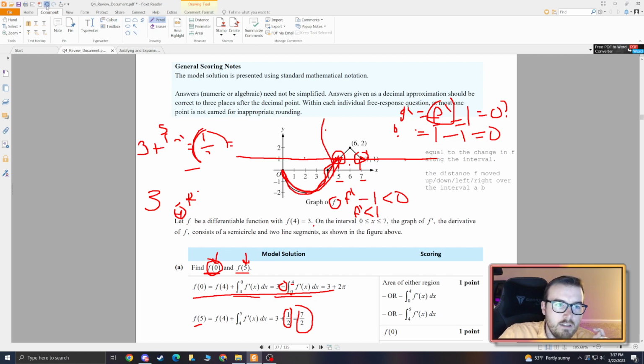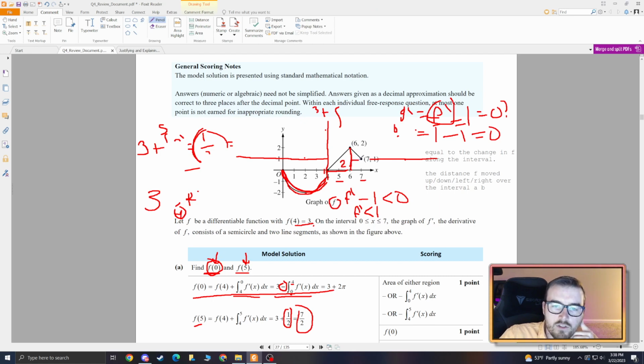We know that at x equals 4, f of 4 is equal to 3, and we simply need to add the integral from 4 to 7. Well, we're going to have to do some geometry here. Let me erase the integral from 4 to 7. So here's a triangle, and the area of that triangle, that's 2 by 2. 2 times 2 is 4, but you have to take half, so that is 2.